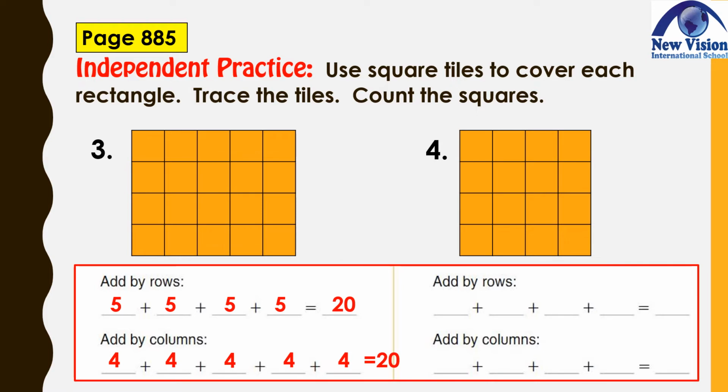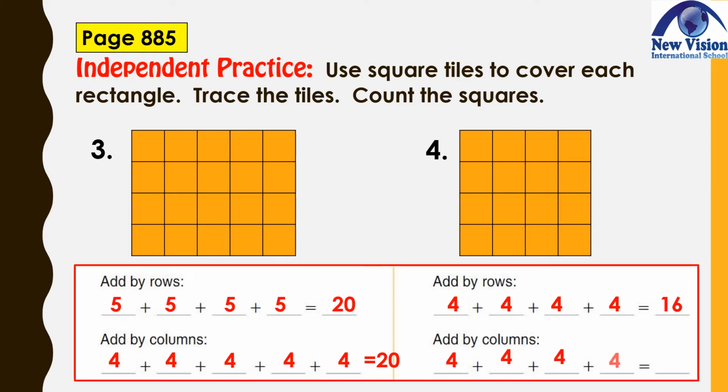Next, number 4. Add by rows. How many rows? There are 4. In one row, there are 4 squares. So we have 4 plus 4 plus 4 plus 4 equals 16. Next, add by columns. So there are 4 columns. In each column, there are 4 squares.